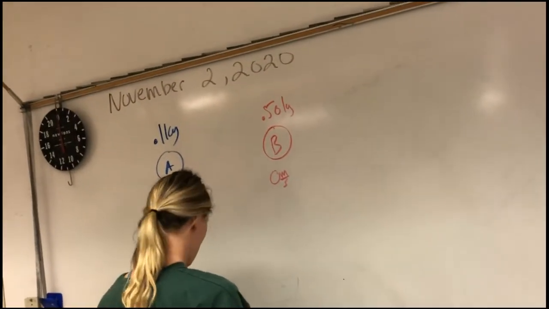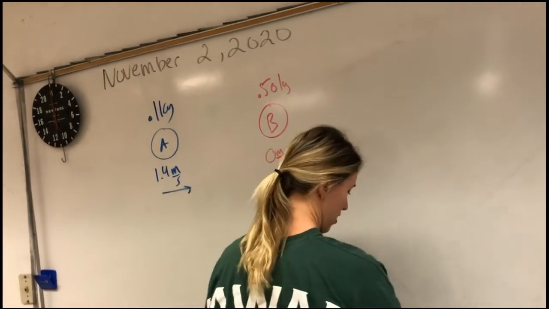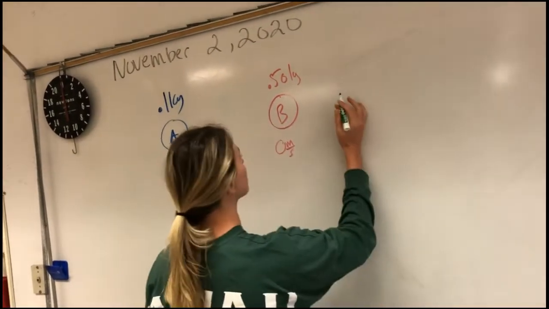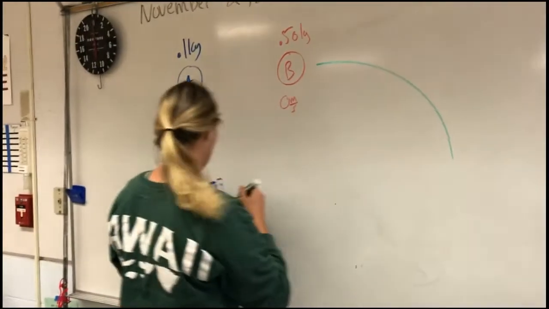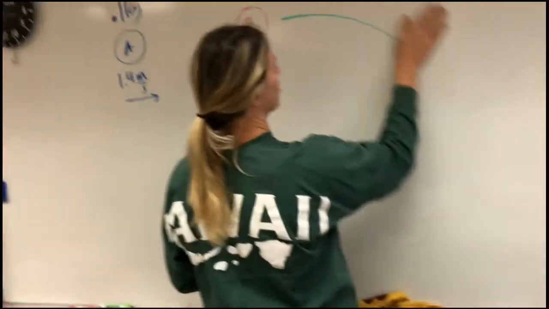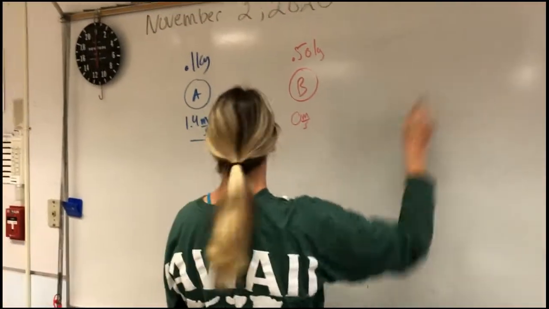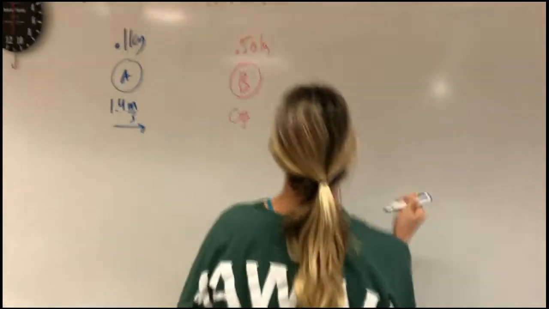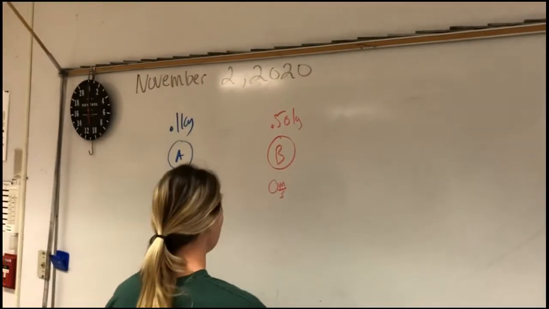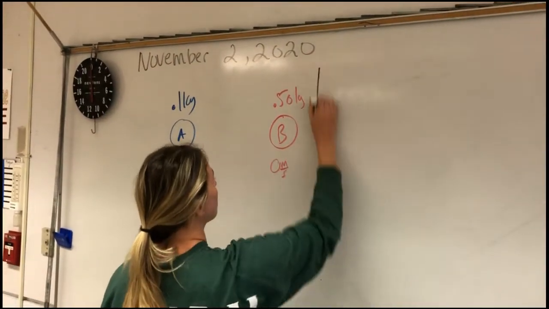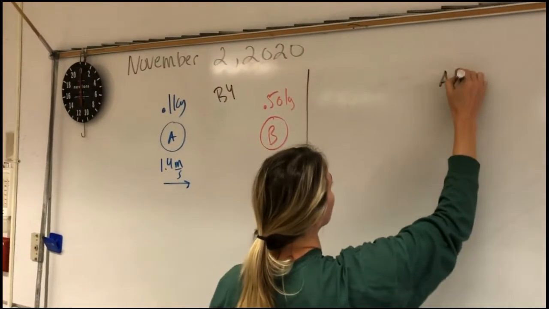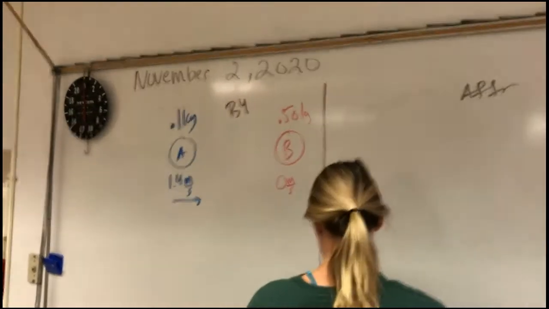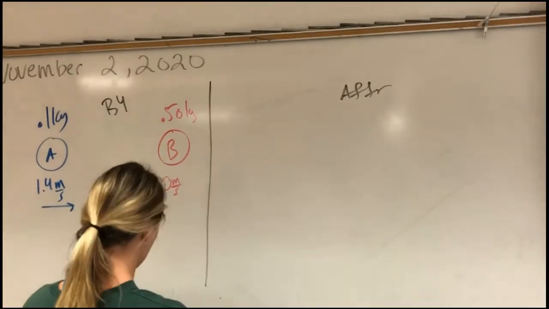Then afterwards, ball A slides backwards at 0.70 meters per second. So I'm going to draw a line to show the ones before. Afterwards, ball A is going backwards at 0.70 meters per second.